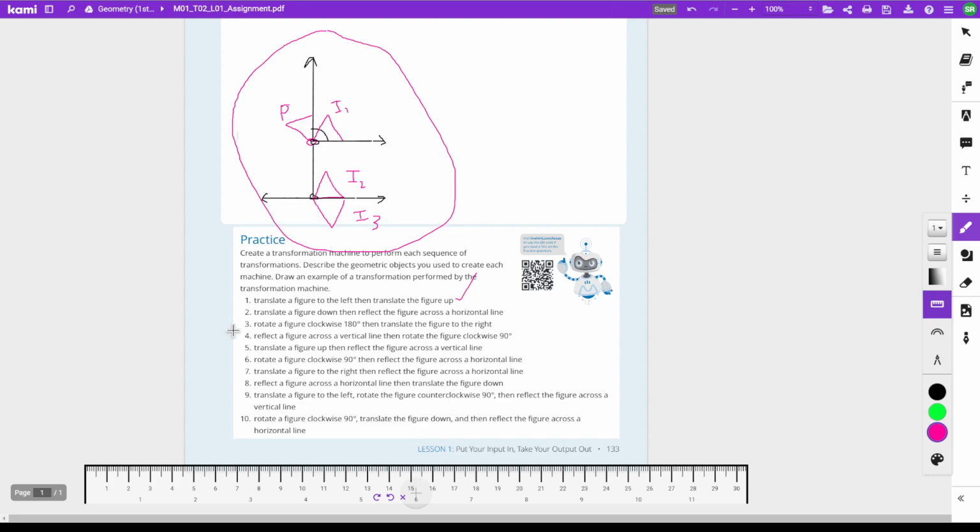Now, when you're going through these problems, some of these questions can get a little bit weird depending on how you start your shape. So let's say, for example, you started like this, and they said to reflect your shape across a vertical line. This was our starting shape, and let's say this was an in-between shape. If you were to reflect this shape over this line, you would get something like this, and then you'd have these two shapes overlapping each other.